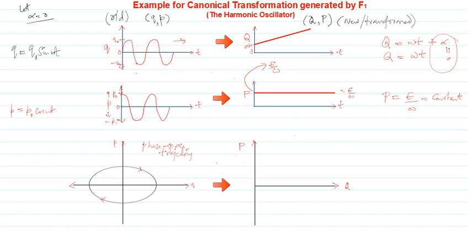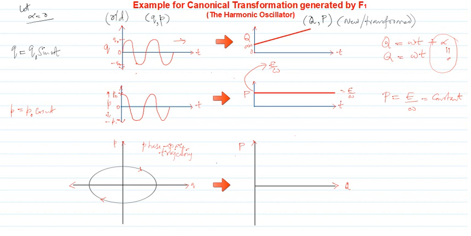That's why I concluded in the previous slide that the effect of this canonical transformation generated by F1 in this particular case is to convert an oscillatory motion into a translatory one, which is mathematically easier to analyze. And even the graph shows that the problem has become much simpler than the left side one. Hope you follow me.